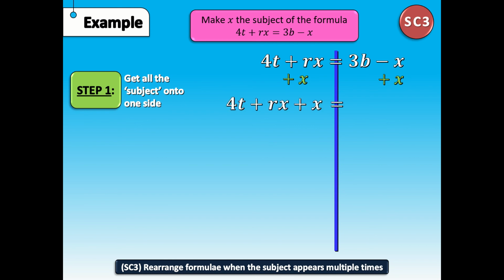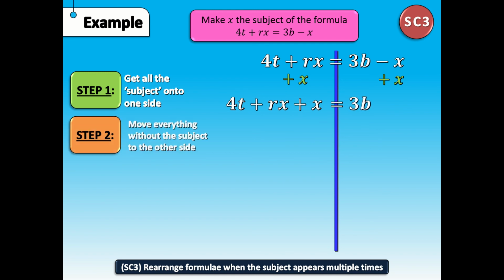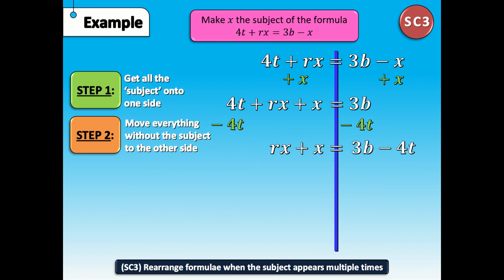That gives me 4t plus rx plus x equals 3b. Then I move everything without the subject onto the other side. So I'm going to take 4t off both sides. Which gives me rx plus x equals 3b minus 4t.